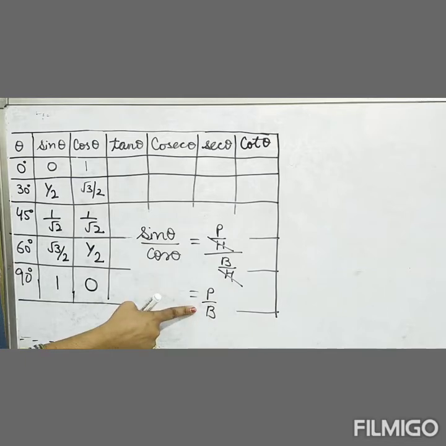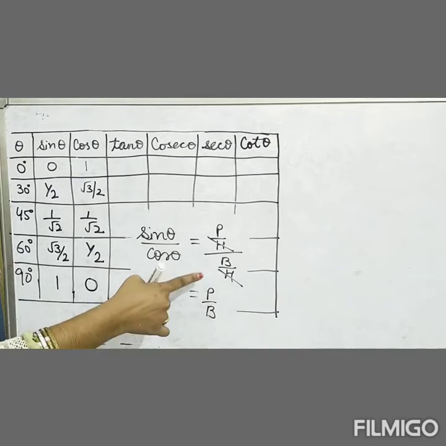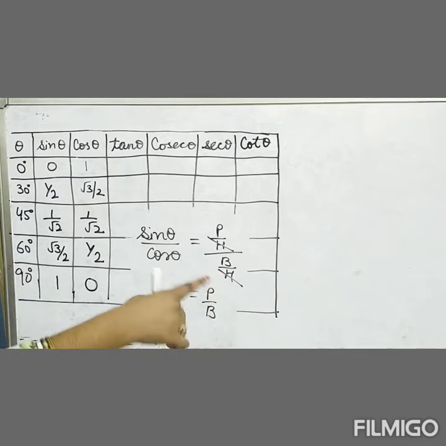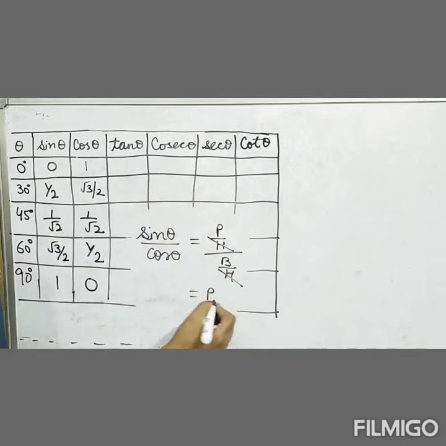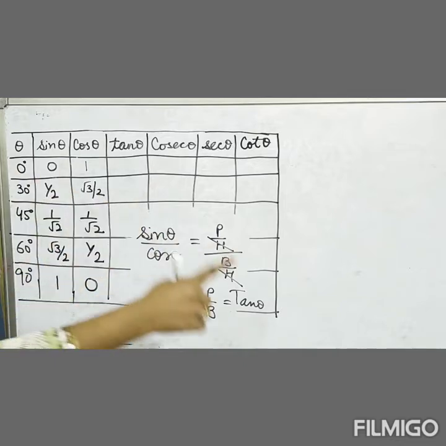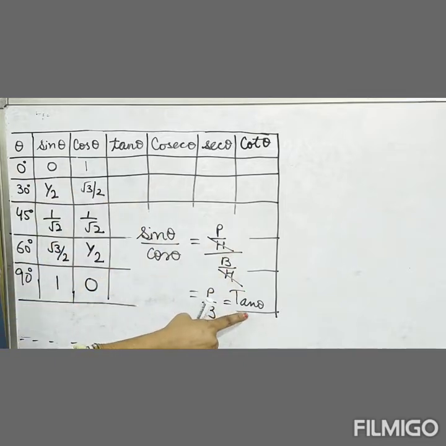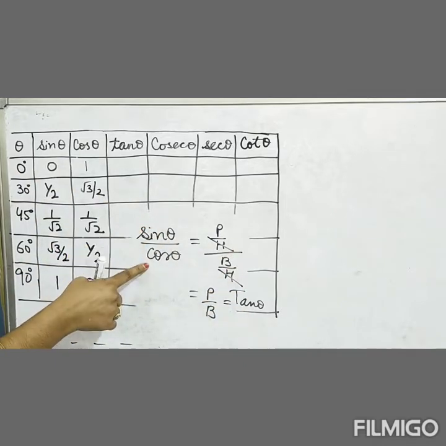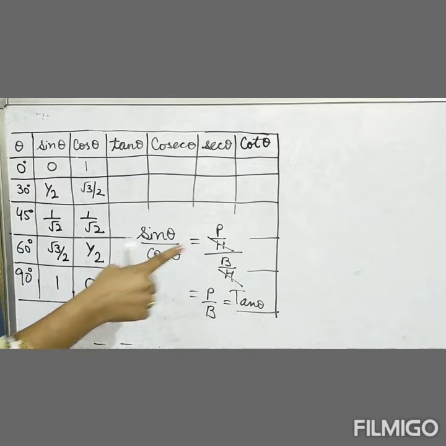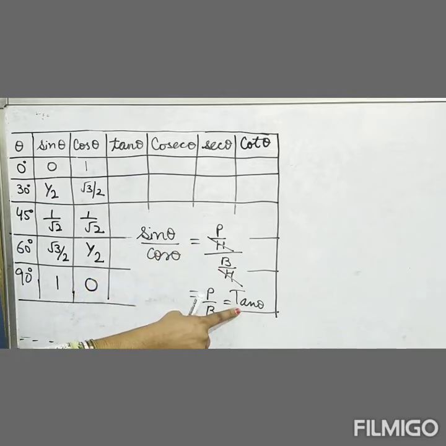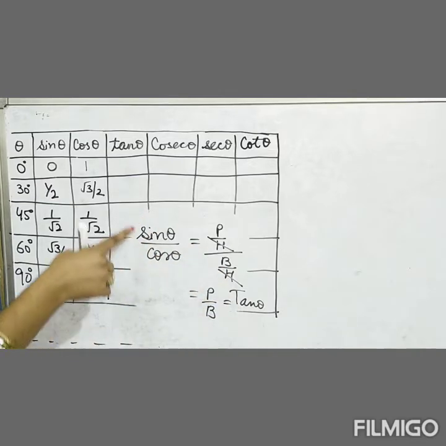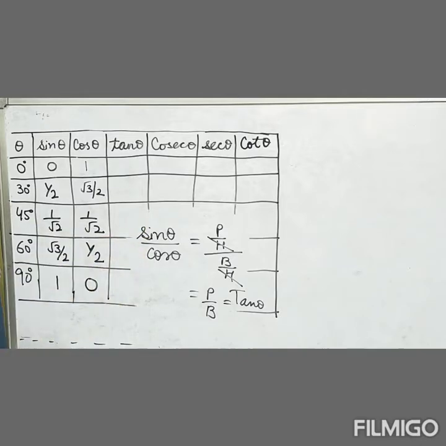Just keep in mind that formula: Papa beta tau ke ghar. That means tan theta. So what I want to tell you is that tan theta we can actually write as sin theta by cos theta, right? So if I want to get the value of tan theta, I have to divide these two values, the sin theta and cos theta.